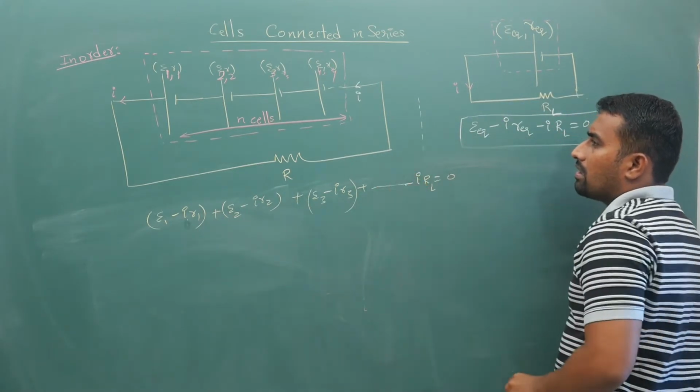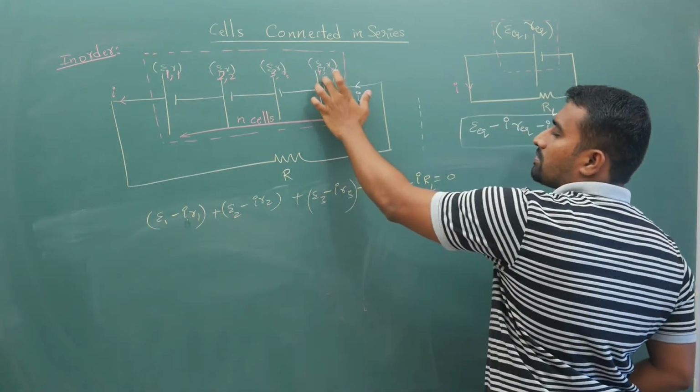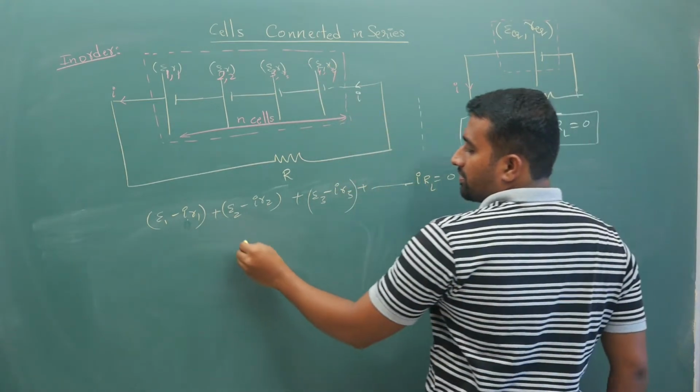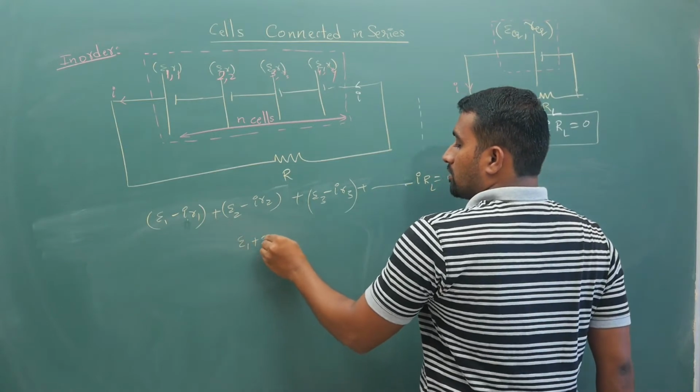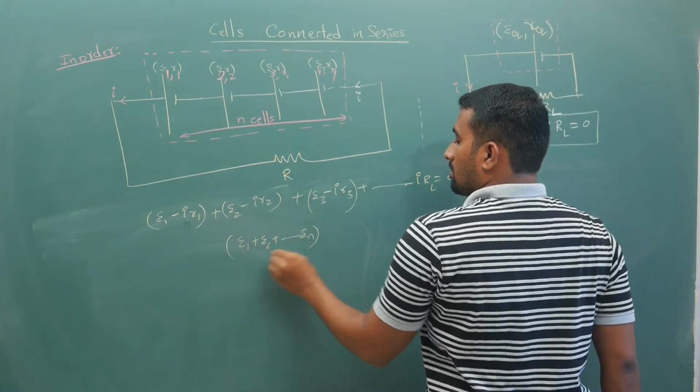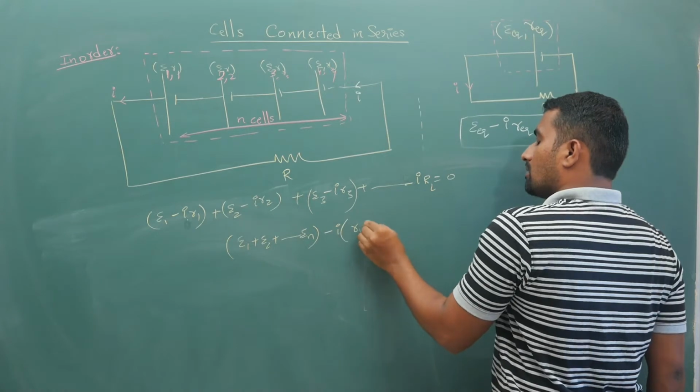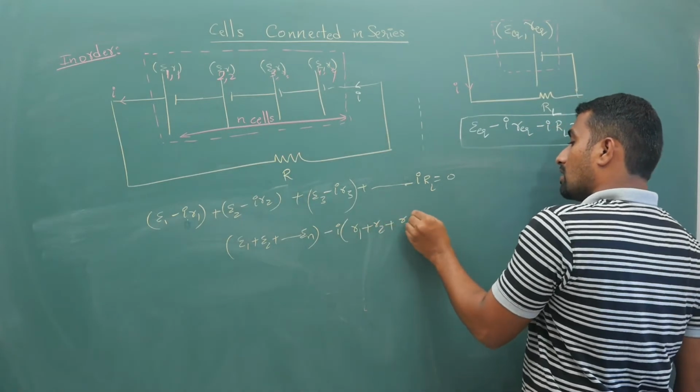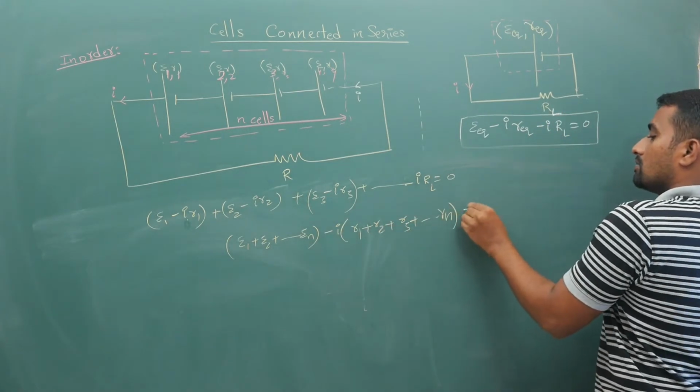I should have kept this as E1 R1 like this. So from logic, E1 plus E2 plus so on up to En, minus I times R1 plus R2 plus R3 plus so on up to Rn, is equal to 0.